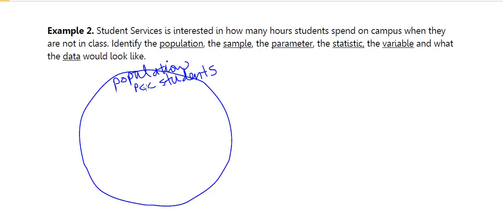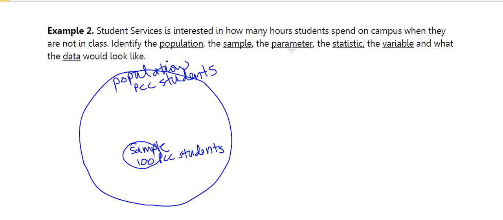We also don't know exactly what the sample is, but we know it would be a small subset. So our sample, again, I just like the number 100 today, say 100 PCC students. There's lots of different ways of selecting those students, which we'll talk about later on, about how to get a representative sample.